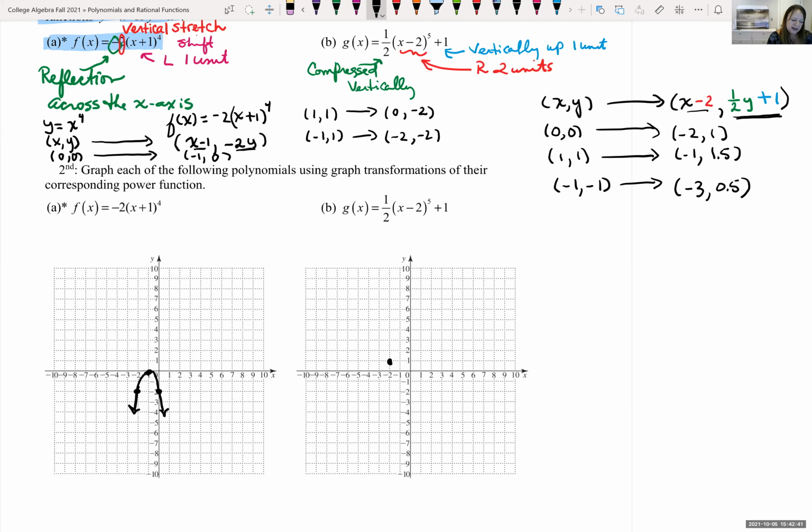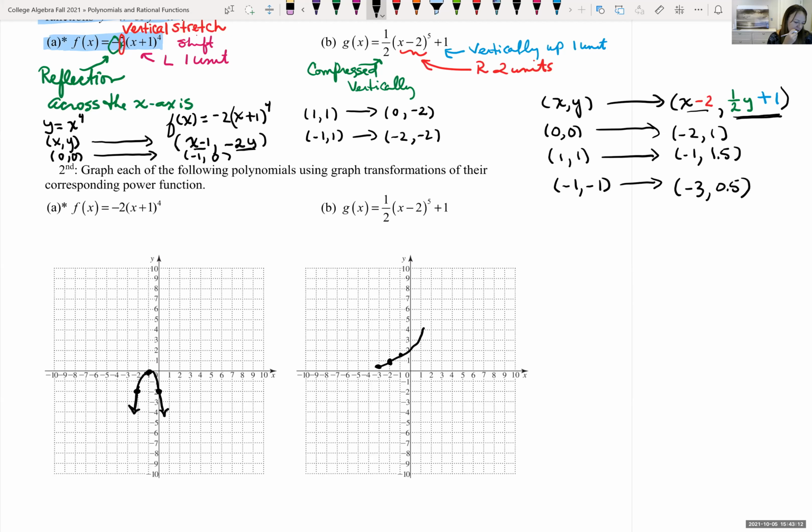We have one at -1, 1.5. And we have one at -3, 0.5. And so this is going to come up and slowly rise.